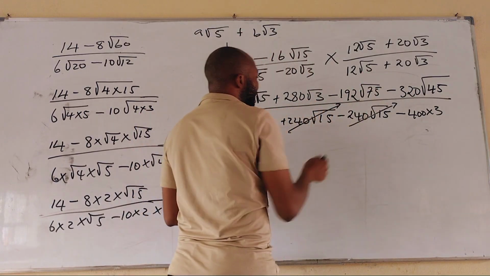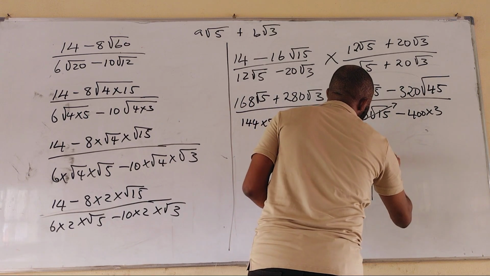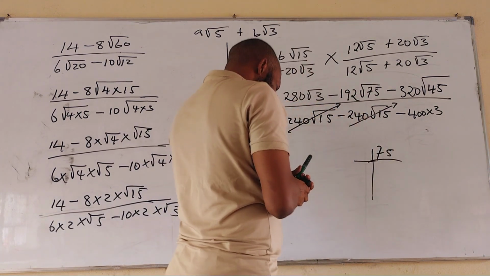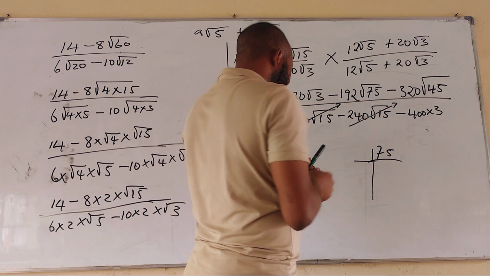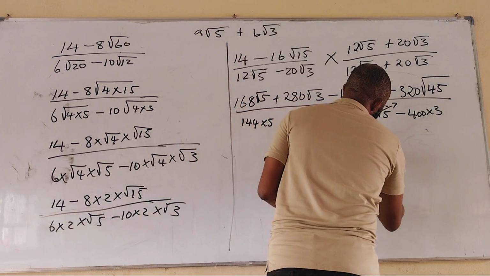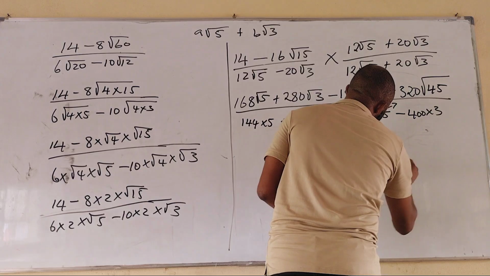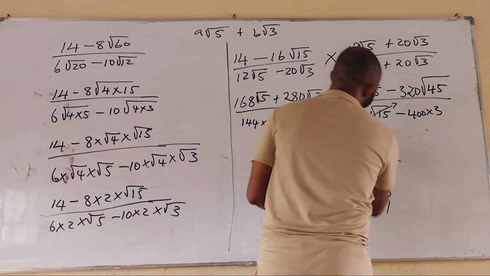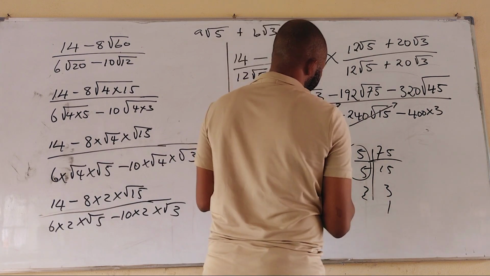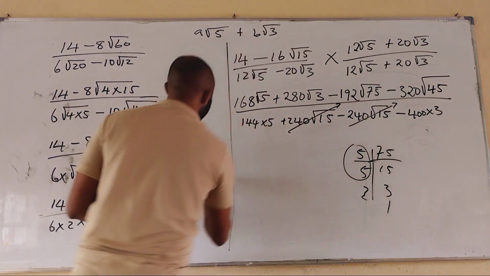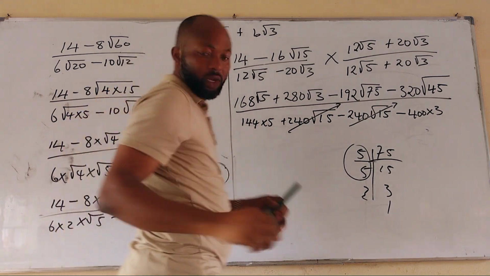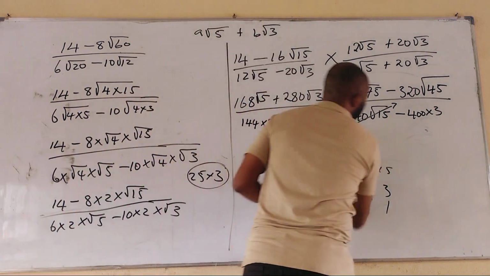So 75, let's break it down first. 75 divided by 5 is 15. 5 goes here is 15, 5 goes here is 3. So that's 25 times 3 for 75. So let me just keep it here, 25 times 3. So I'll take this out.